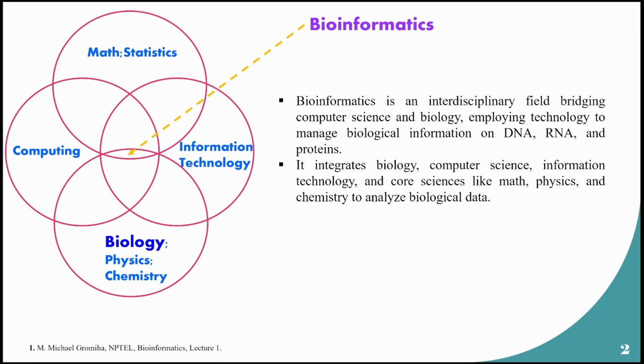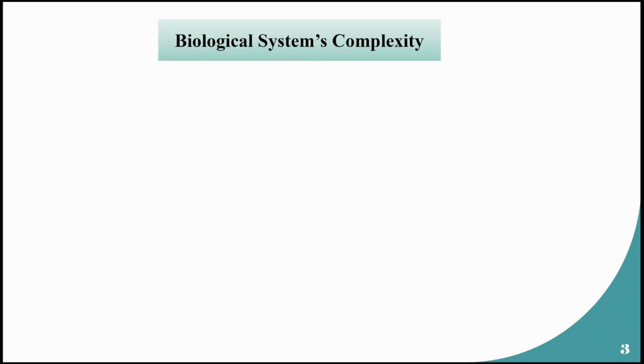Now, if we talk about, for example, the complexity of a biological system, as Professor Michael Gromiha also mentioned in his lectures, so throughout the hierarchical complexity of a physiological system, we can have applications of bioinformatics in basically each of those tiny subfields.